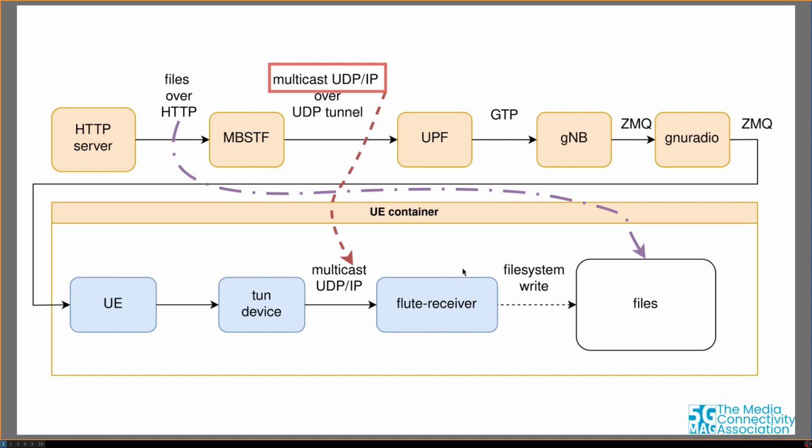And inside the UI container, we will have a flood receiver that will be able to receive the flood encoded data generated by the MBSTF. And the flood receiver is going to write the files in the file system of the container.